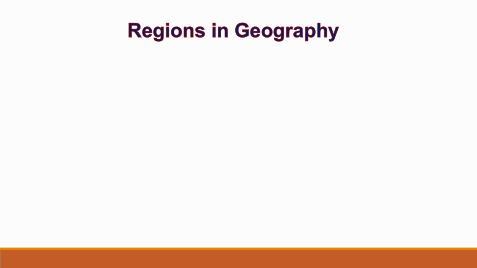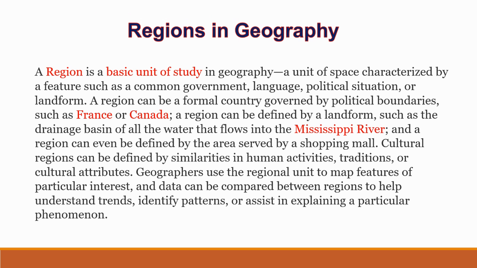Now we are going to the regions in geography. Before starting, we will give a brief description of regions. A region is a basic unit of study in geography, a unit of space characterized by a feature such as a common government, language, political situation, or landform.